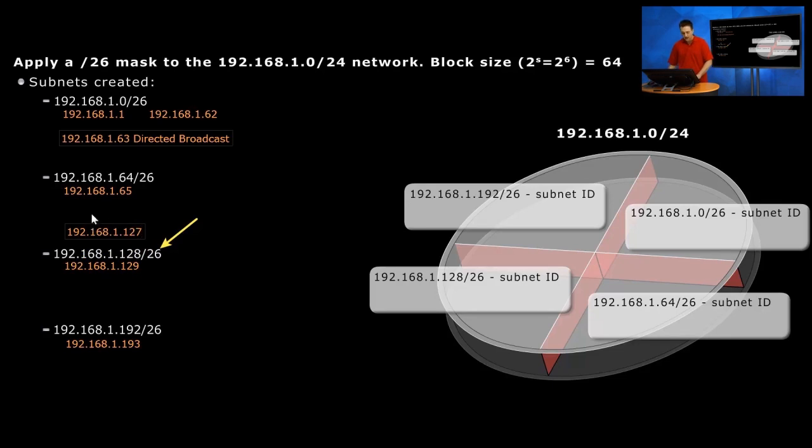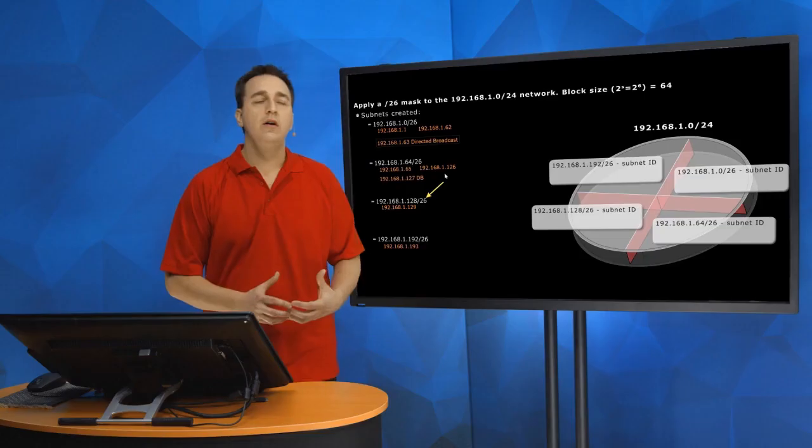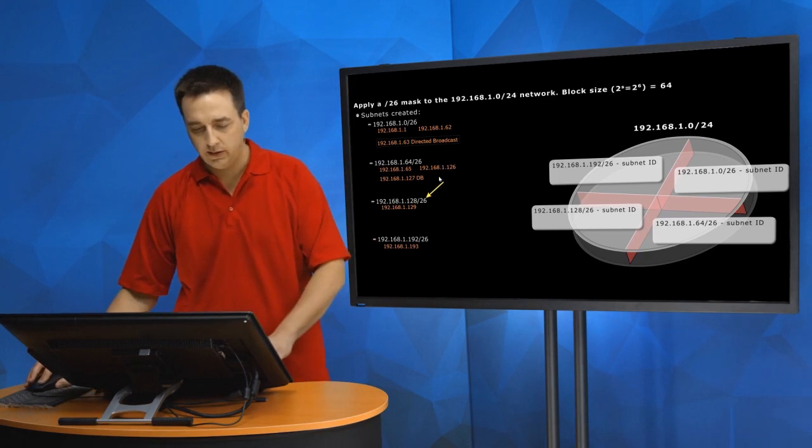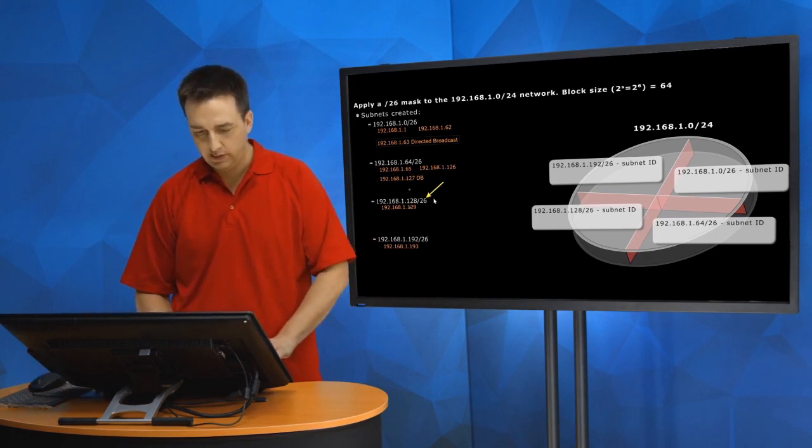So that's the directed broadcast address for the second subnet. Now subtract 1 from that, and we'll get our final address that we can use, 192.168.1.126. So I can hand out addresses in the second subnet from 192.168.1.65 through 192.168.1.126.